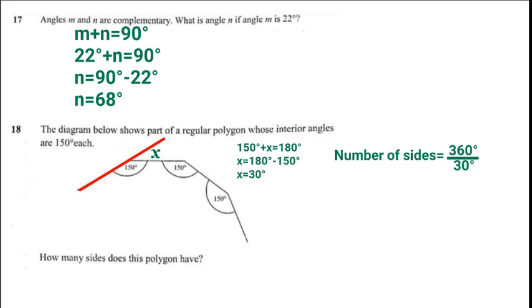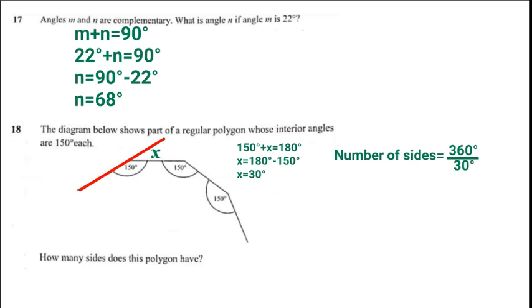If you are wondering why I am using the exterior angles, it's because no matter how many sides, whether it's a regular or irregular polygon, the sum of exterior angles is always 360 degrees. It does not change.